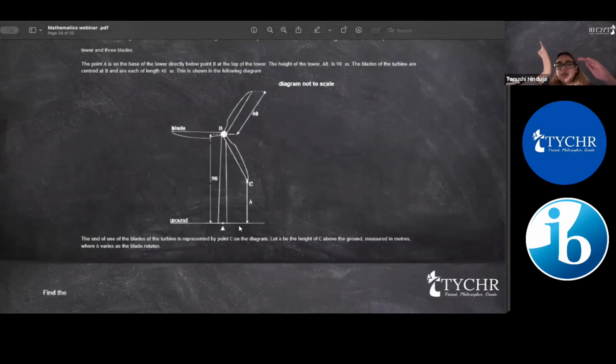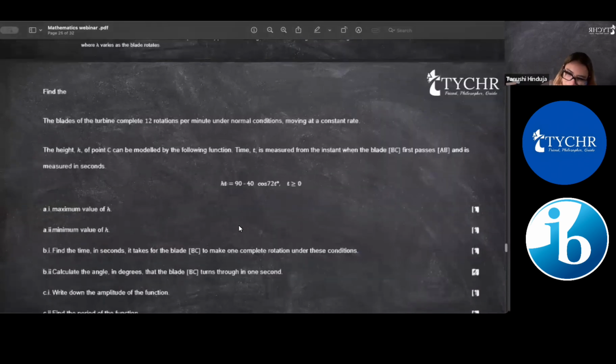When the blade comes at the top, the highest that you can go is 90 plus 40, which is 130. And the minimum would simply be 90 minus 40, because when the blade comes over here, this is 40. So the lowest position that it's at from the ground is 90 minus 40. So 90 plus 40 and 90 minus 40, which is 130 and 50 meters.